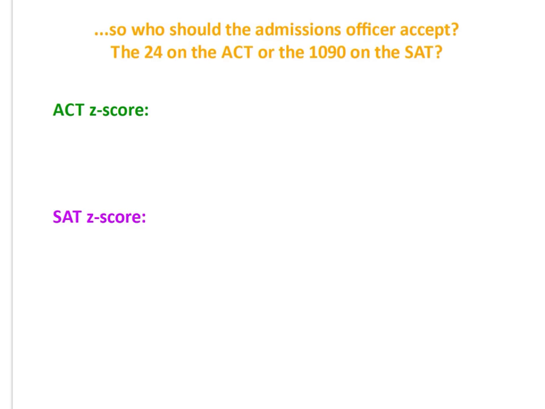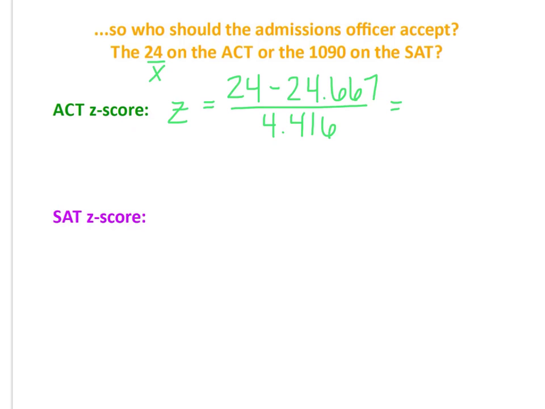So to give us some more space, for the ACT score, I'm going to say z equals x, which is 24, that's my data value, minus the mean of 24.667, divided by the standard deviation of 4.416, and that gives me a z-score of negative 0.15, meaning the 24 on the ACT is 0.15 standard deviations below the mean.